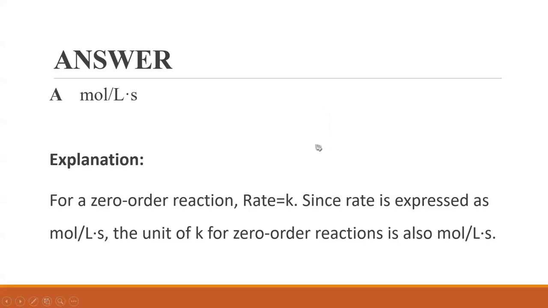So the rate is equal to K times the concentration of A to power 0. So it becomes K. So since the rate is expressed as moles per liter per second, the unit of K for zero-order reactions is also moles per liter per second.